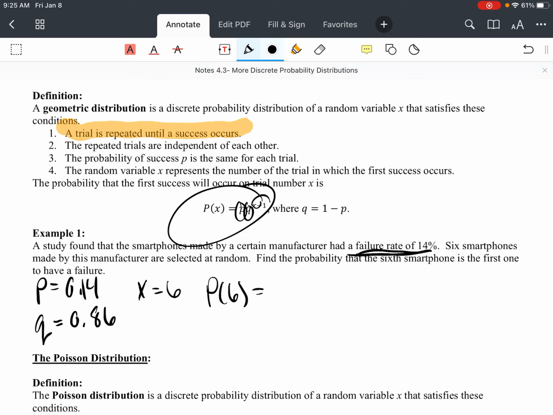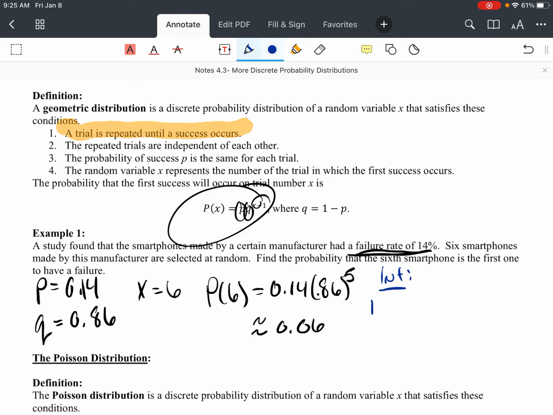Then we can simply plug this in. P of 6 is equal to 0.14 times 0.86 to the x minus 1, which would be to the 5th power. I'm going to leave this to you to do in the calculator, but you get about 0.06, or about a 6% chance. I do want to interpret this.